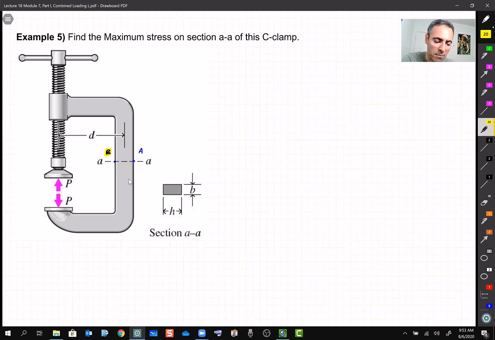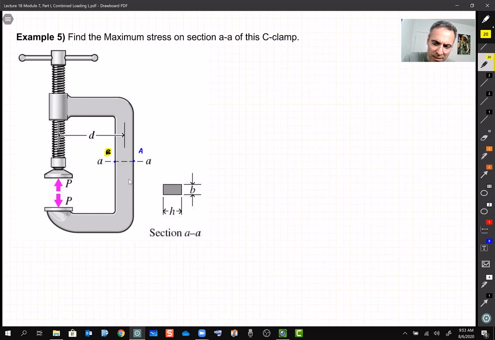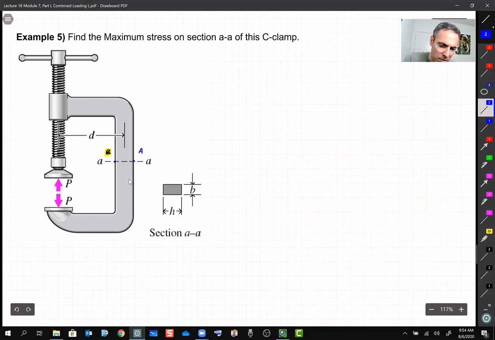If it's going to break, it's going to be point B. And we know our neutral axis and everything that we need to calculate the stresses for this point. So this will be the neutral axis then.